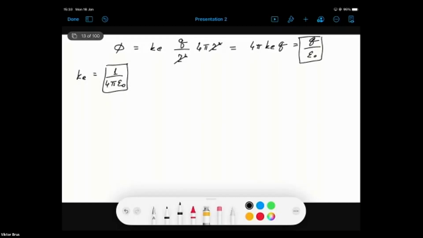And we see that the total flux of electric field through the closed spherical surface around a point charge is defined only by the electric charge and some constant, which is the permittivity of free space. But it doesn't depend on the radius of the sphere. So we can take a larger or smaller sphere, it doesn't matter. We have this constant electric flux, which is defined only by the electric charge enclosed by this sphere.